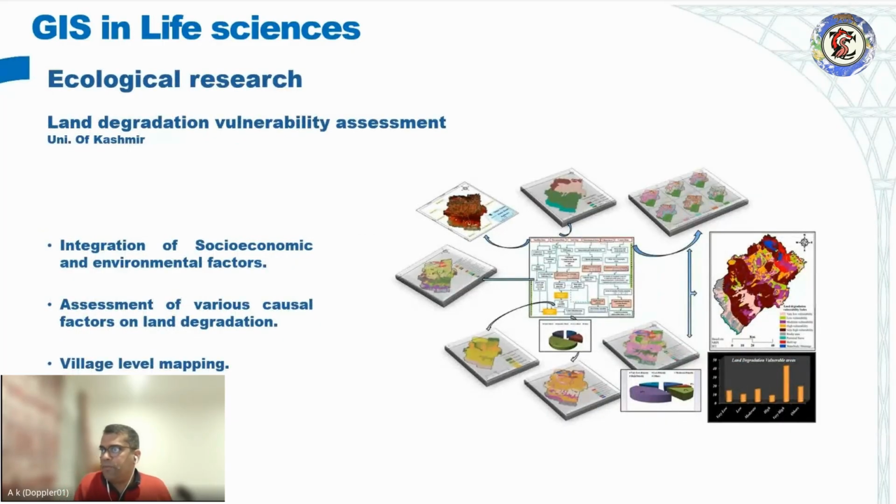This is one of the studies done at the University of Kashmir. They basically use land degradation vulnerability, using different socioeconomic and environmental parameters, as well as geographical and geotechnical tests, to identify the most vulnerable land for degradation. That includes natural as well as human interference as a parameter, and the correlation between the two.